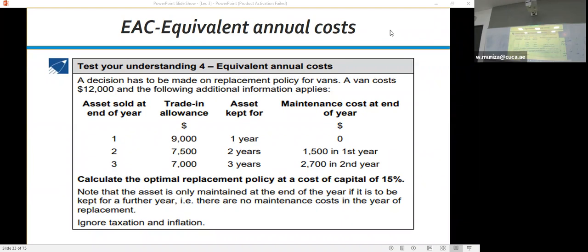Where are you confused, Arthur? Are you able to see it? Yes. 15% cost of capital. Then you have to calculate EAC for all the 3 options.